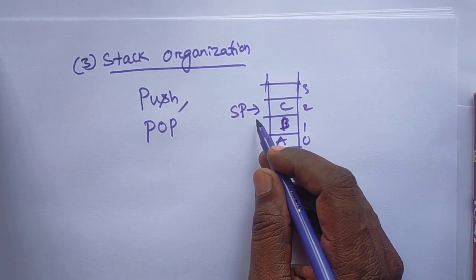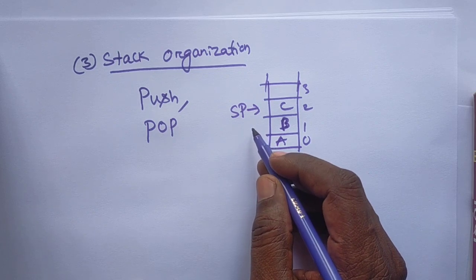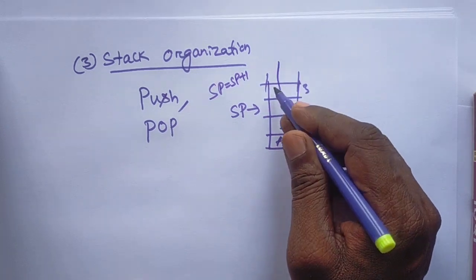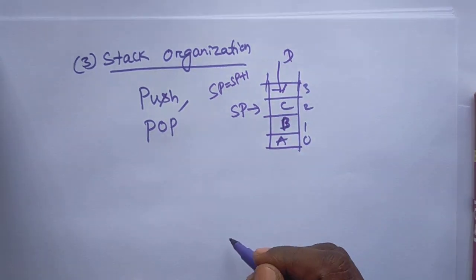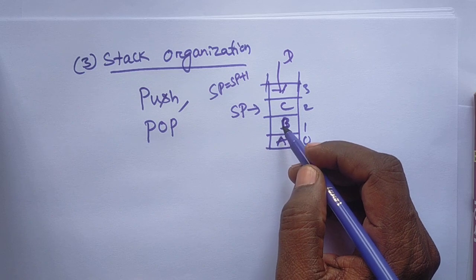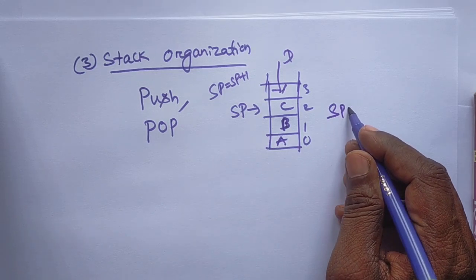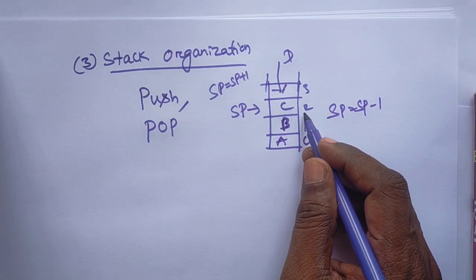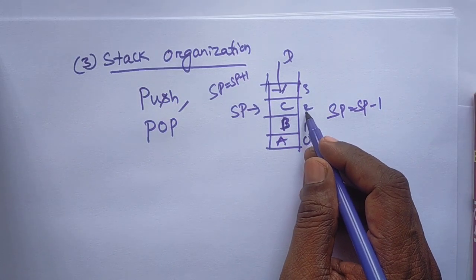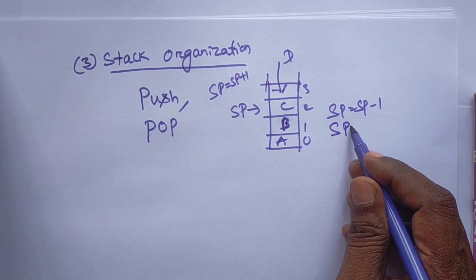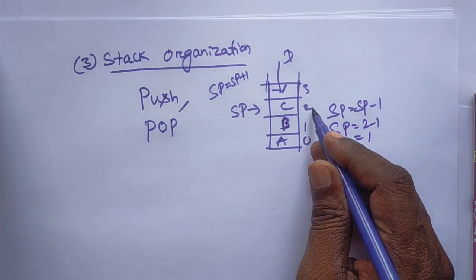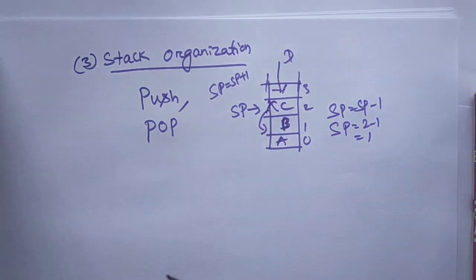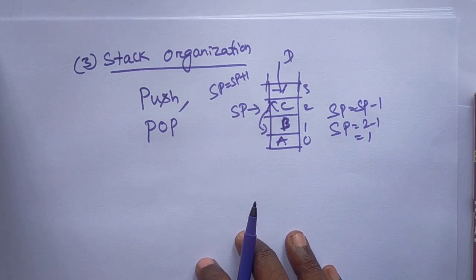If we enter data, SP equals SP plus 1, so data D is entered. If we delete some data, SP equals SP minus 1, and automatically this data will be deleted. Suppose SP is 2 and we have to delete, so SP will be 2 minus 1, that is 1. Whenever SP comes to 1, automatically data C will be deleted. This is the basic concept of stack organization.